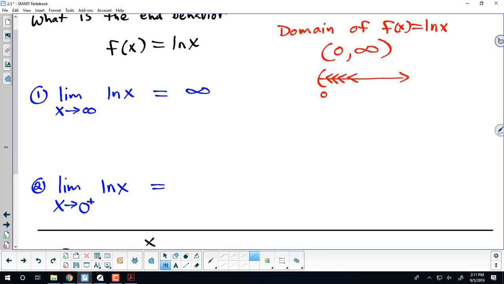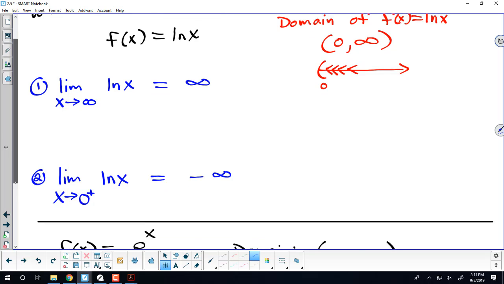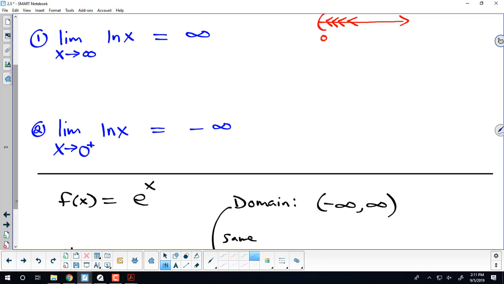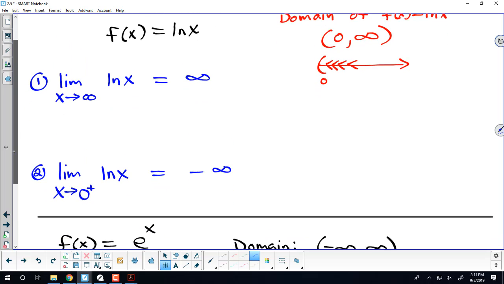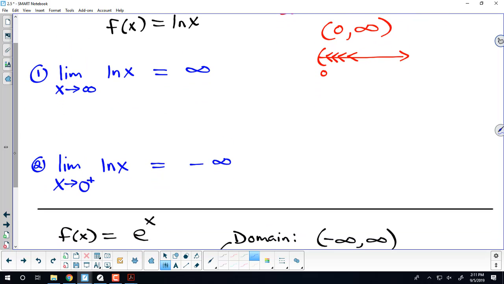Okay, and then the limit as x approaches 0 from the right is negative infinity because of the vertical asymptote. Again, we can reason through that by looking at the range of e to the x. As we saw in this graph, the range of e to the x was from 0 to infinity.